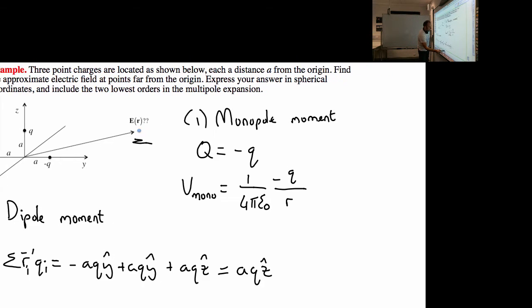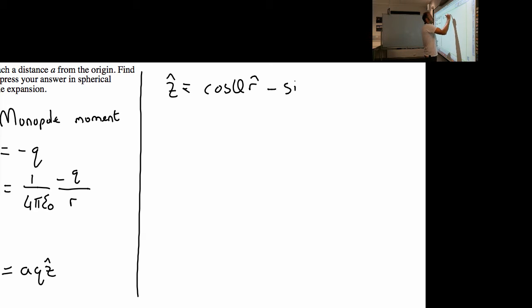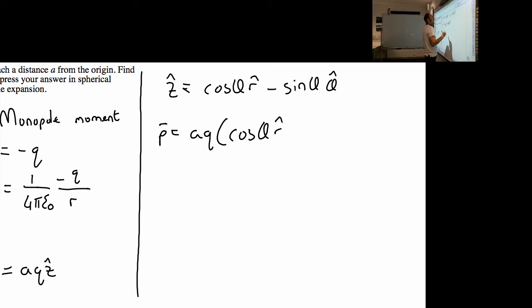So now what we need to do is write z hat in terms of r hat and theta hat. So z hat can be written as cos theta r hat minus sine theta theta hat. Okay, so our dipole moment P now becomes aq by cos theta r hat minus sine theta theta hat.